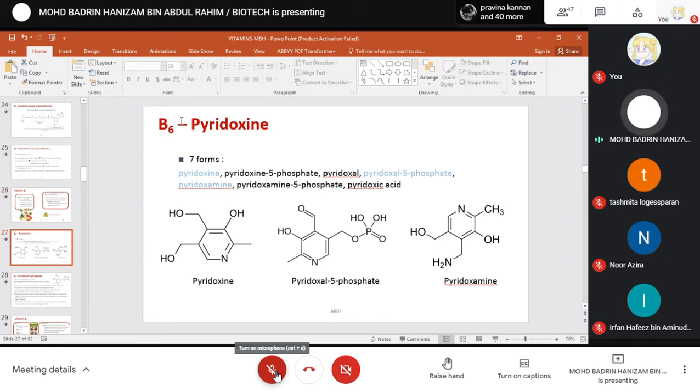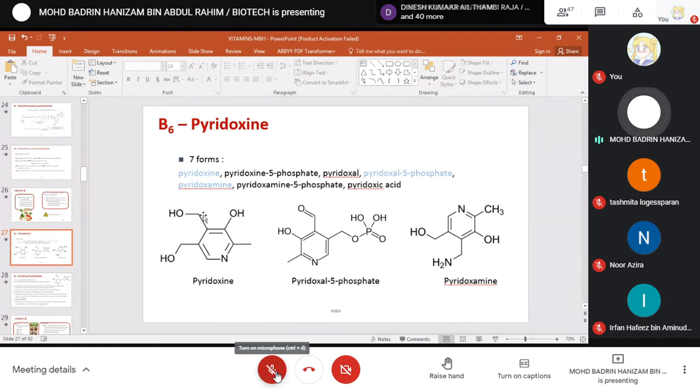But vitamin B6 contains 7 forms, which are pyridoxine, pyridoxine 5-phosphate, pyridoxal, pyridoxal 5-phosphate, pyridoxamine, pyridoxamine 5-phosphate, and pyridoxic acid. So it is slightly harder to memorize vitamin B6, but I'm sure that you can memorize all these names. So 7 forms that I just mentioned.